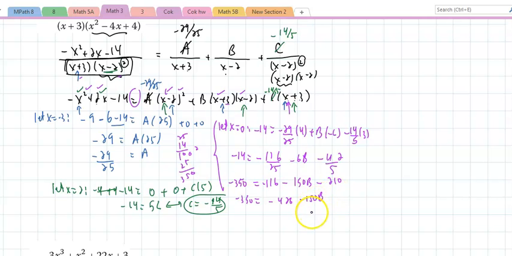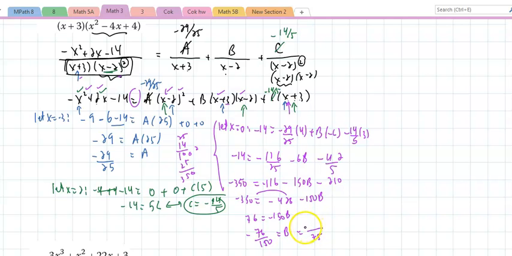So that means, what is that? 5 out of 70. So B equals negative 76 over 150 divided by 2, that's 75.